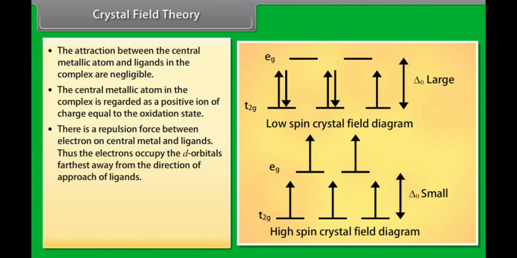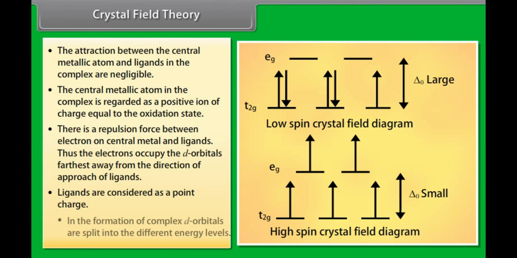There is a repulsion force between electrons on the central metal and ligands. Thus, the electrons occupy the d orbitals farthest away from the direction of approach of ligands. Ligands are considered as point charges. In the formation of complex, d orbitals are split into different energy levels. The main limitations of crystal field theory are following.